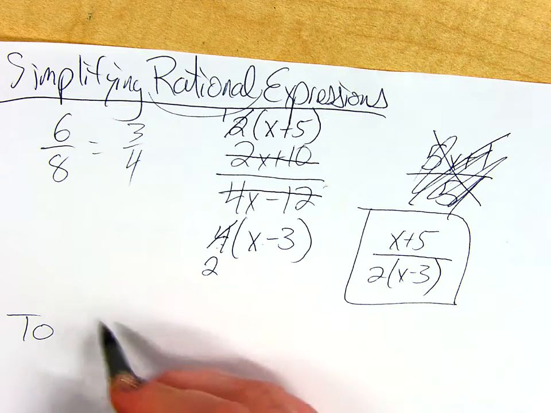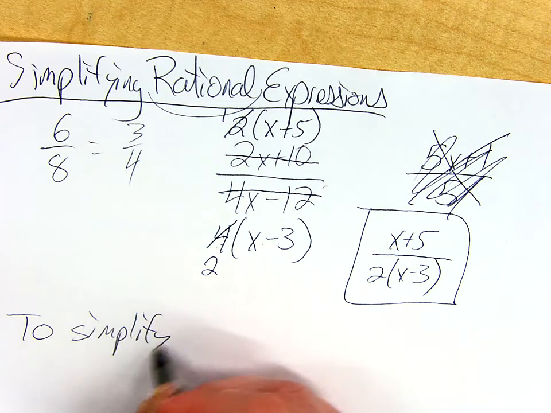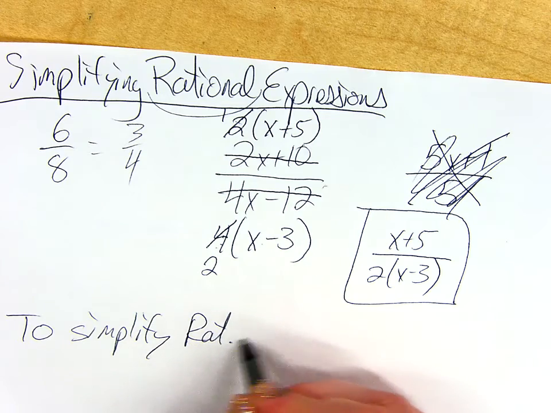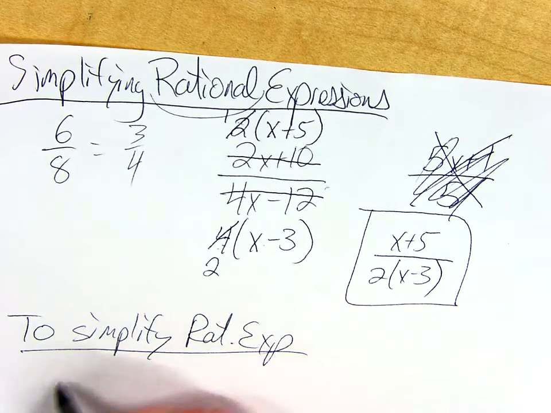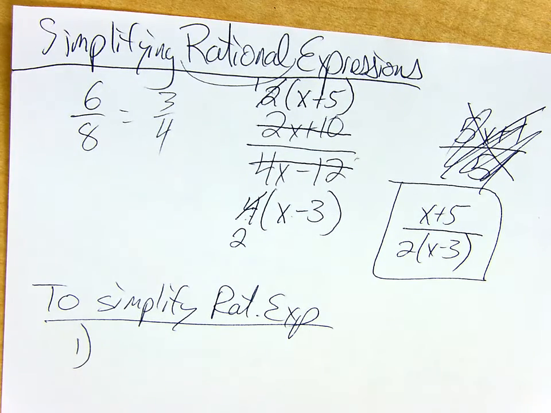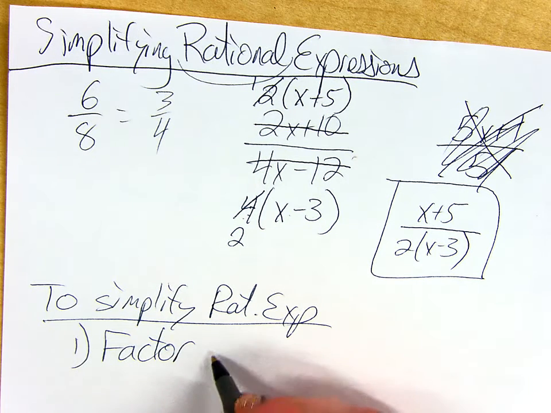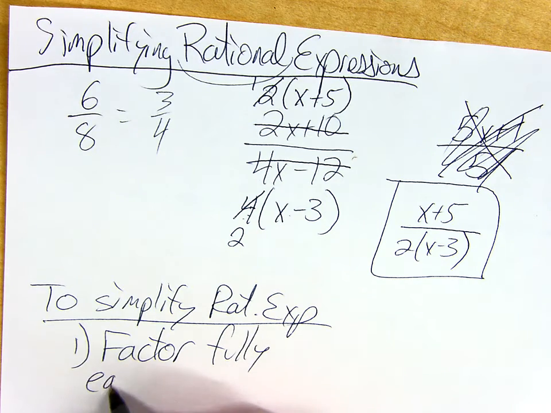So to simplify rational expressions, step 1, you're going to factor anything that can be factored. Factor fully each numerator and denominator.